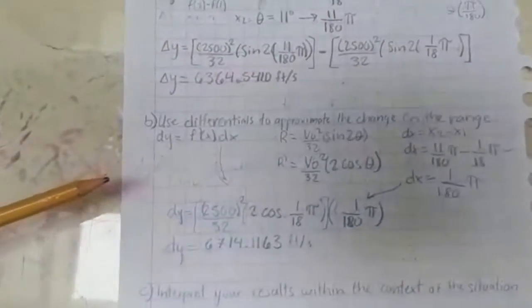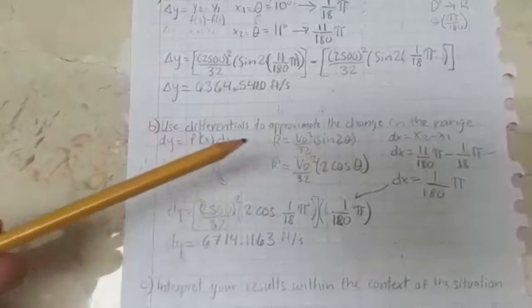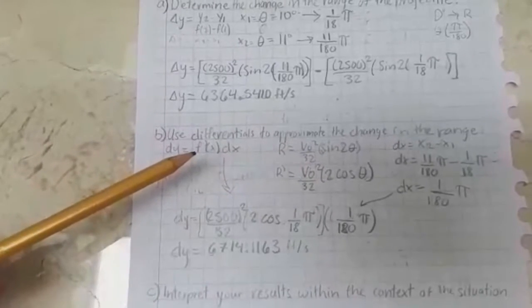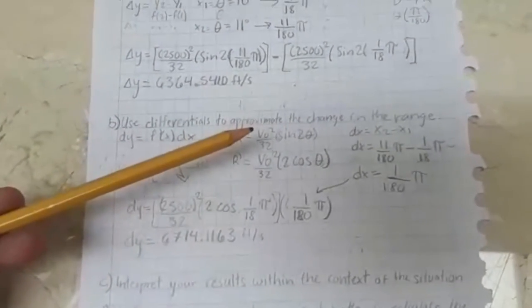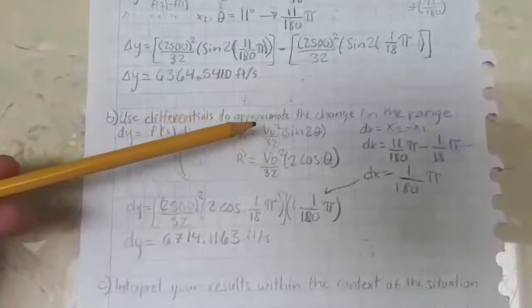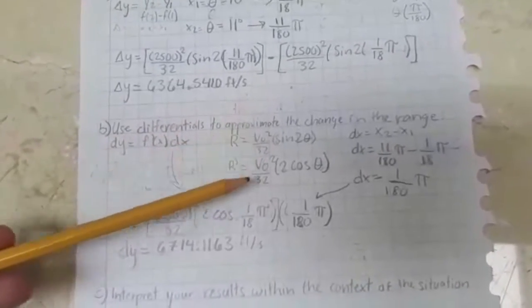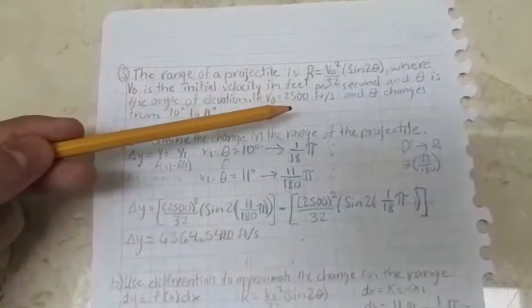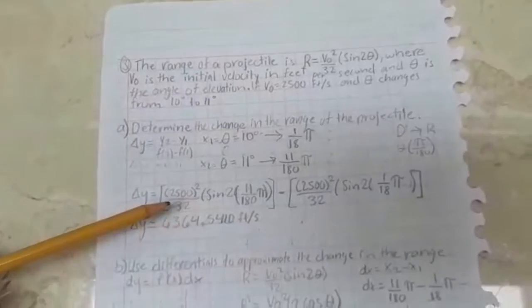And now in letter B, we're asked to determine the approximate change using differentials. The formula is dy equals the derivative of the function times dx. In this case, the derivative has the initial velocity to the second power divided by 32, which stays the same, because we're told that the initial velocity of 2500 is constant in both, so that doesn't change.